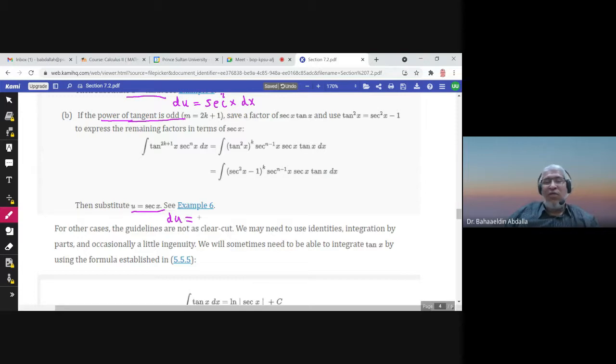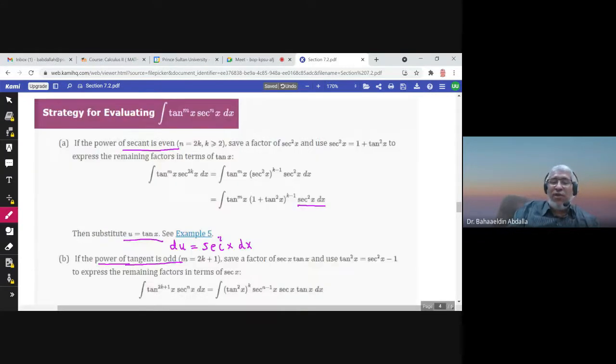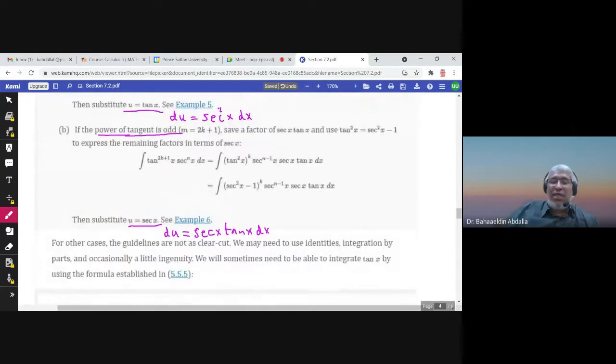The derivative of secant is secant x tan x dx. So I have to have secant x tan x dx in the integral. And I will take u equals secant, so everything else should be in terms of secant.